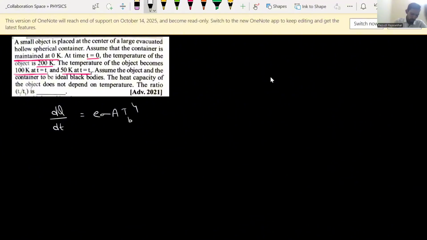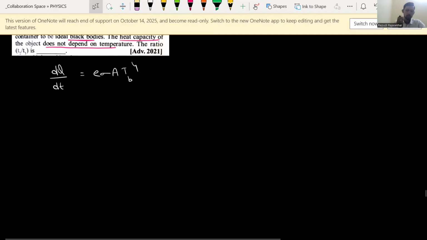Assume the object and the container to be ideal black bodies. Black bodies means small e value can be taken as 1. The heat capacity of the object does not depend on temperature. Heat capacity means dq we have to relate with heat capacity. How to relate dq with heat capacity? dq equals mc dt.